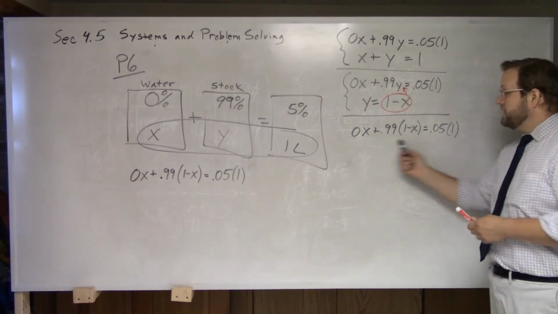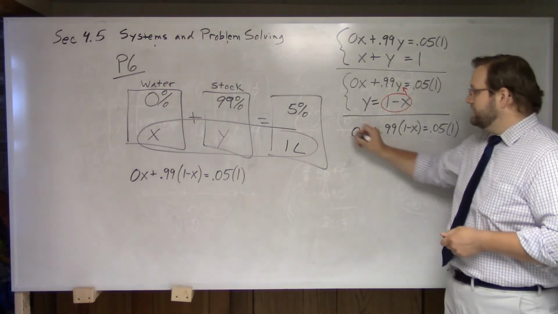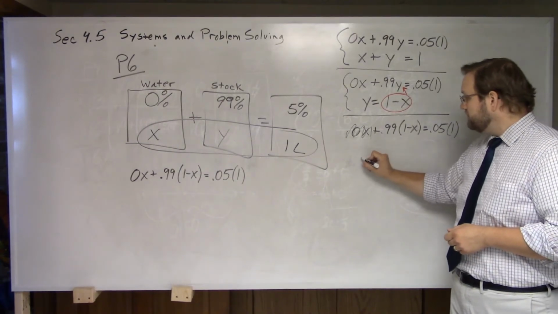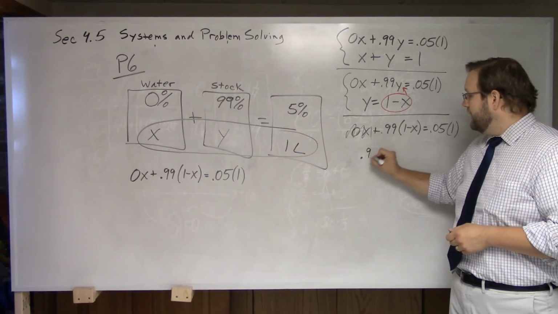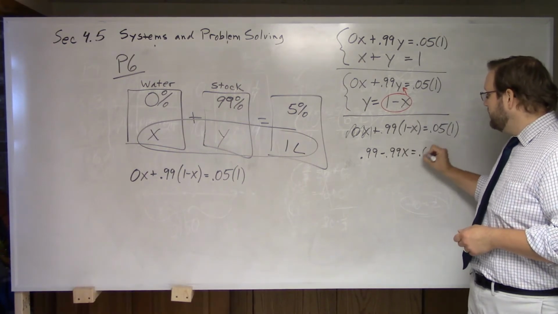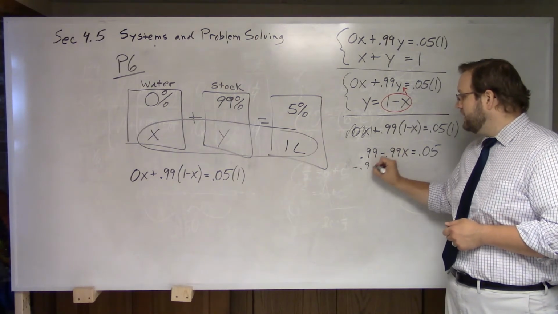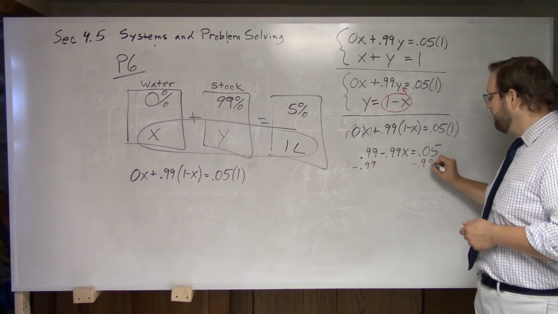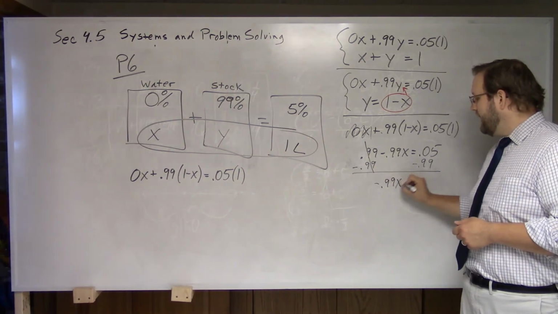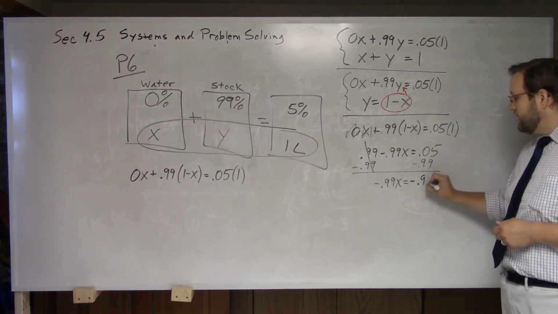Let's go on from here and solve this. Now the good thing about that 0 is that entire term just zeroes out. So what we get is 0.99 minus 0.99x equals 0.05. Subtract 0.99. I got negative 0.99x equals negative 0.94.